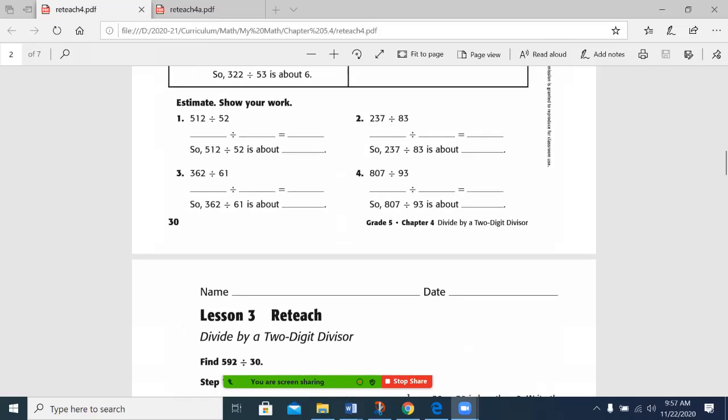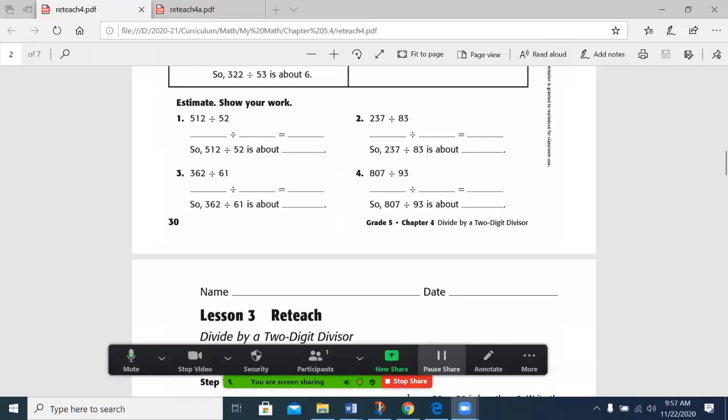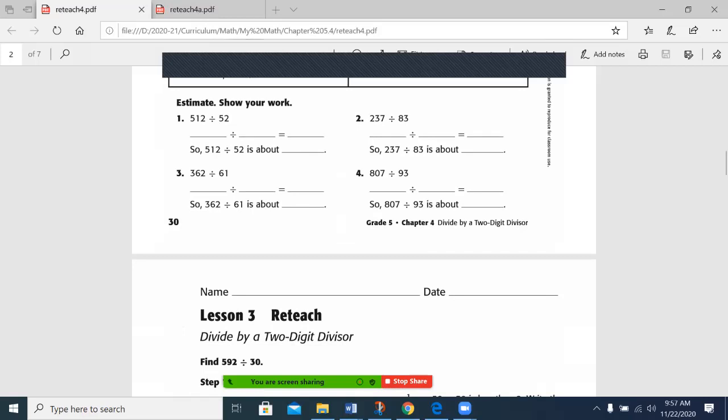Let's look at numbers 1 and 2 together. Estimate, show your work. So you're going to get to choose which of these two methods you're going to use. And the first one, 512 divided by 52. First, I'm going to figure out my divisor, and I'm going to go ahead and straight round this one because 50 is a pretty easy number to work with.